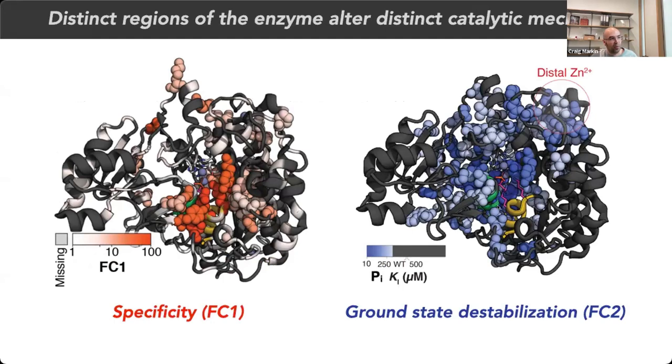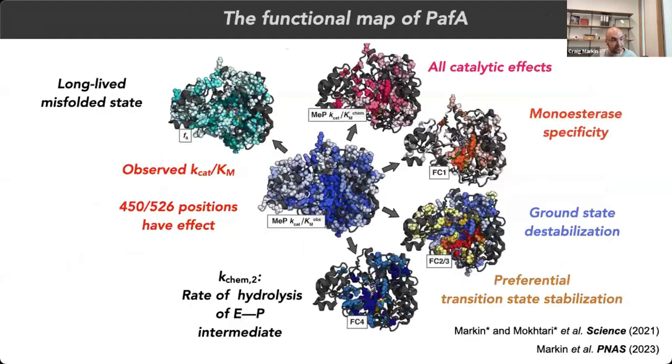The most important take-home point here is that the regions of residues that I talked about with these FC1 effects is completely different than the region of residues that have the ground state destabilization effects. So the enzyme has these different regions associated with what you might call microscopic aspects of function. And it's telling us that evolution has put in a lot of work throughout the entire enzyme, and different regions are optimized to help do different tasks.